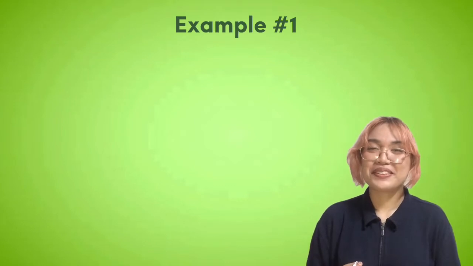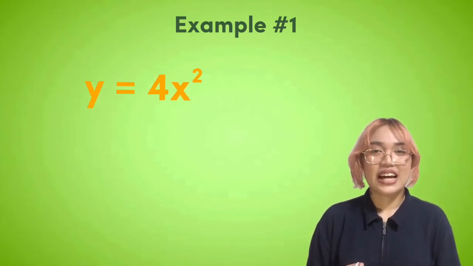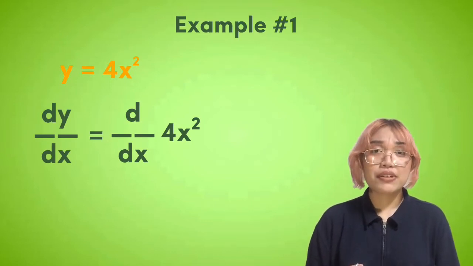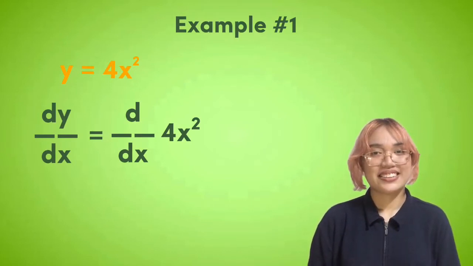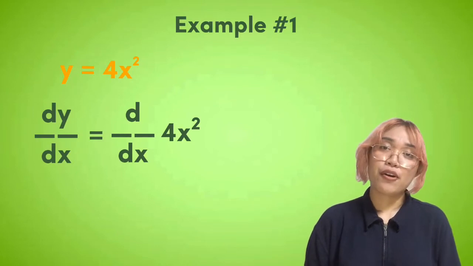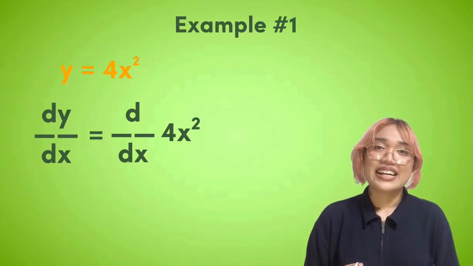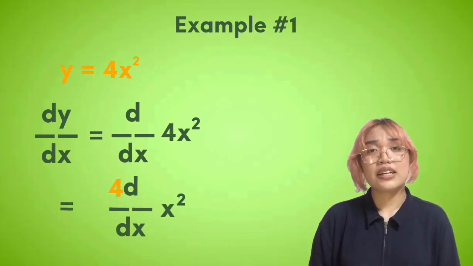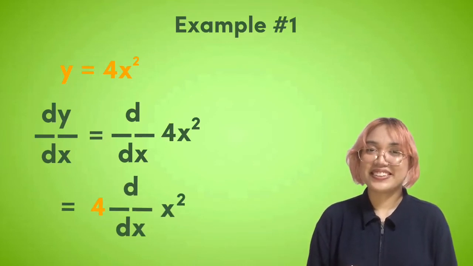First example, 4x squared. Starting off with dy over dx is equals to the derivative with respect to x. Then write down the 4x squared. Now, let's apply our formula by putting our constant outside our derivative operator.